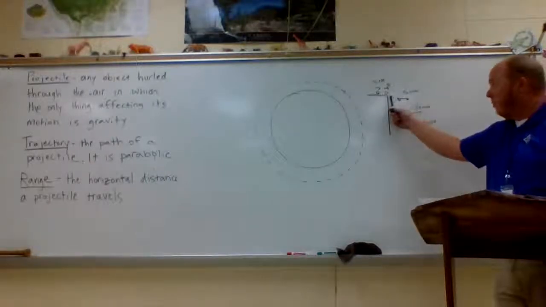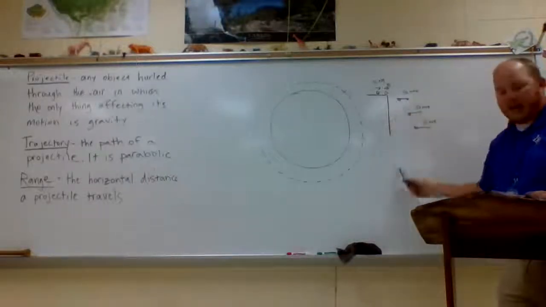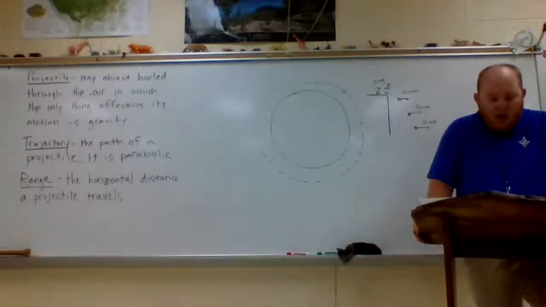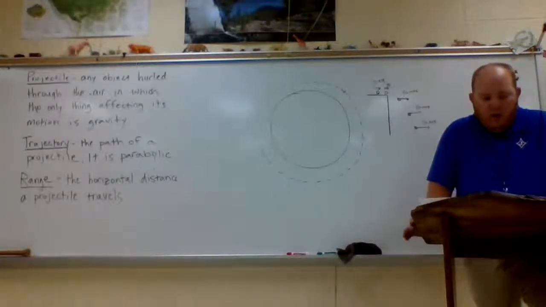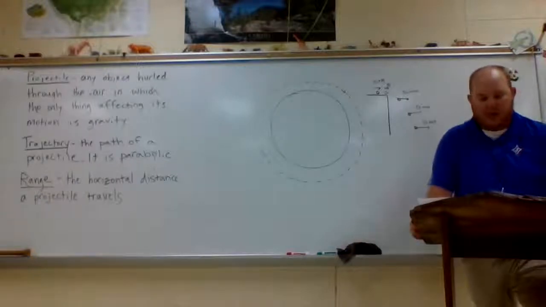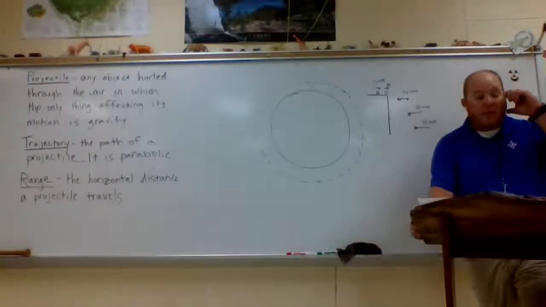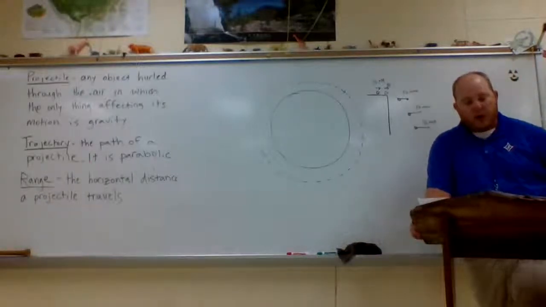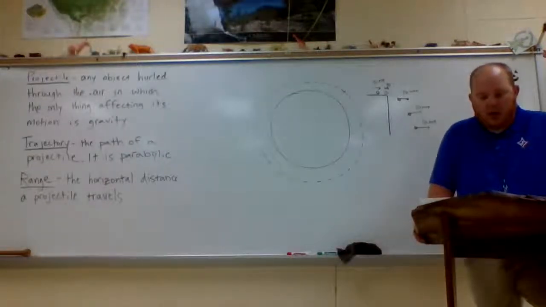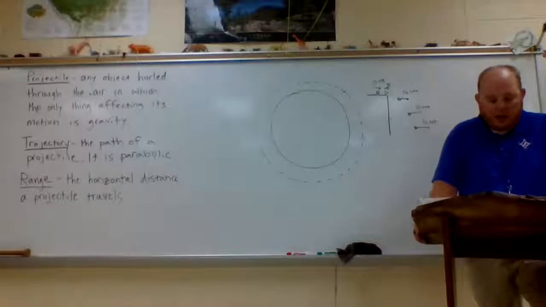Gravity does not pull sideways. Gravity only pulls down. In the horizontal direction, there are no forces on the motion, which means no acceleration. It's kind of what I just said. So we're looking at the sentence that's right under the picture. In the horizontal direction, there are no forces on the motion, and that means there's no acceleration.